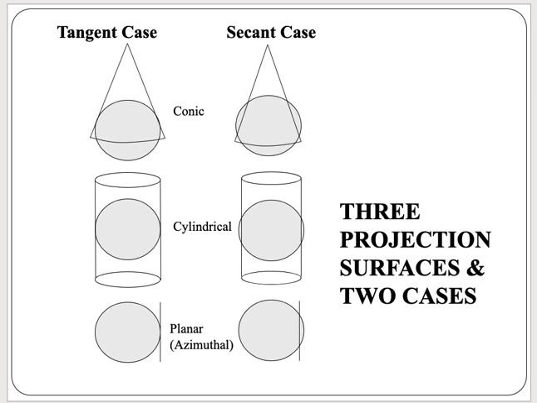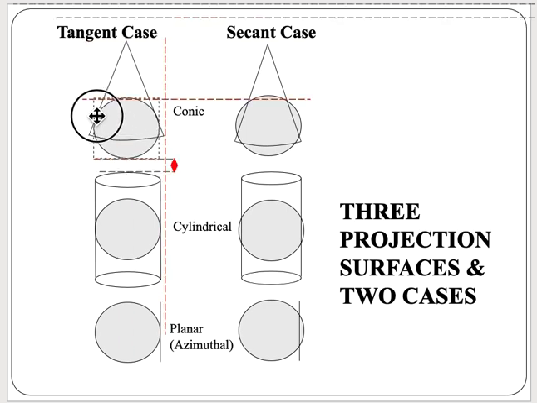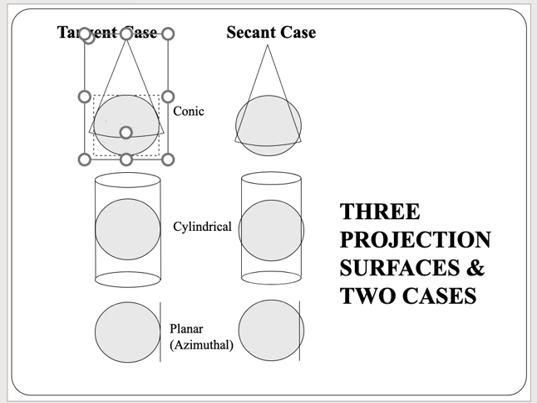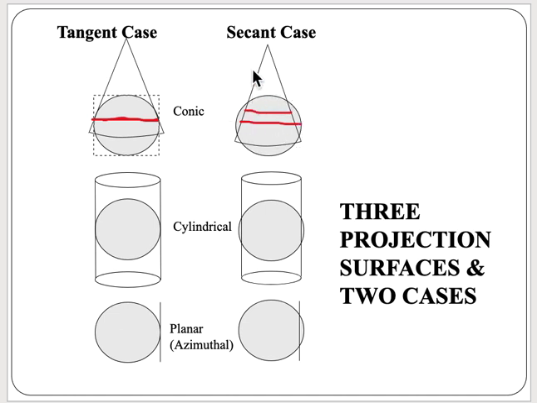So for a tangent case for conic, it will show one standard line, or a line of contact between the projection surface and the Earth. Whereas for a second case, you'll have two lines of contact with the conic projection surface and the Earth.